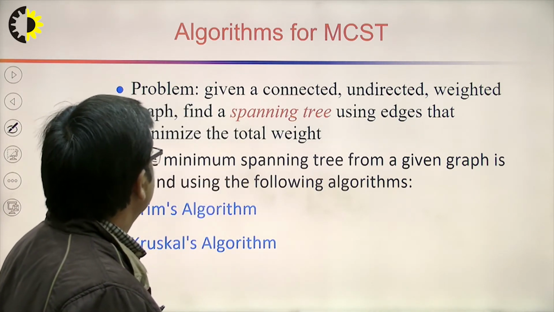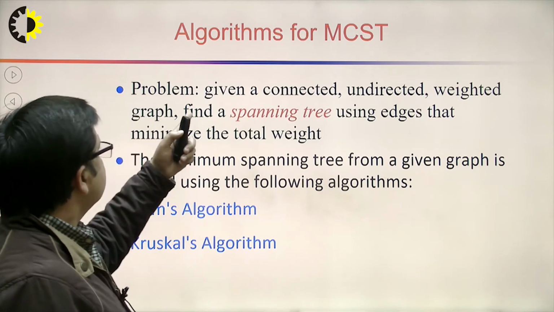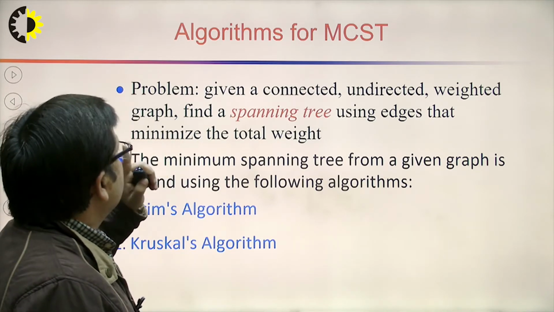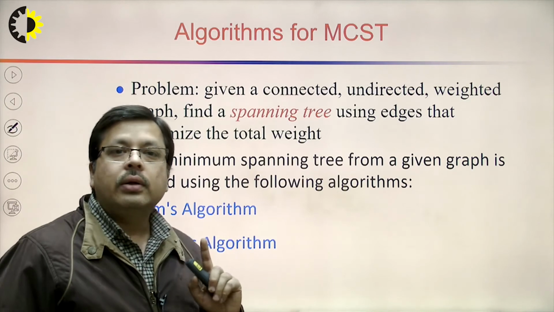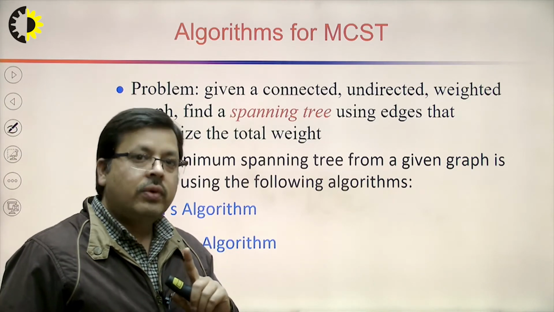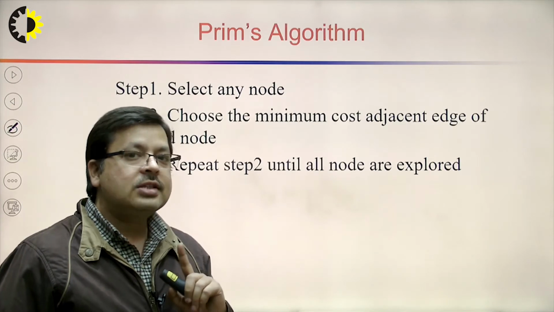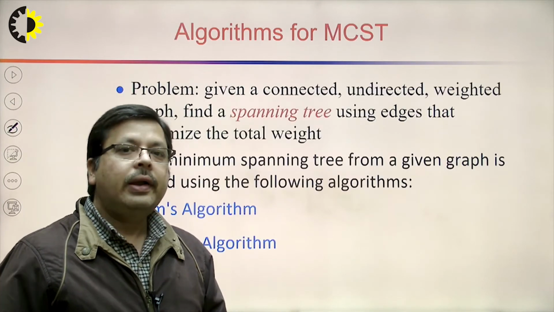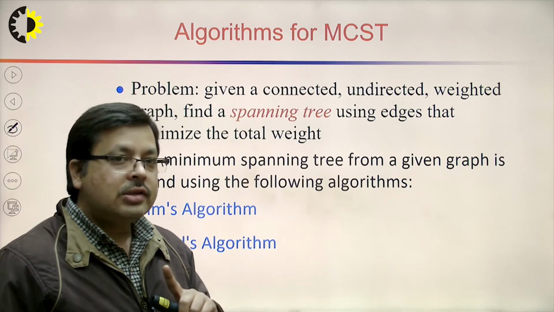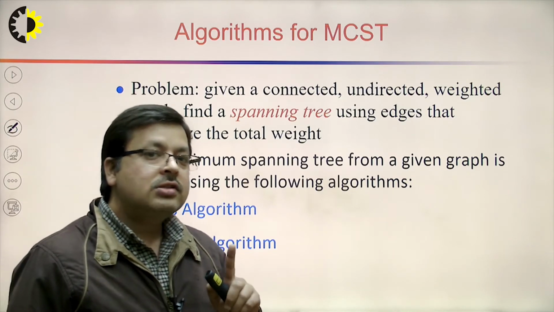So here is the problem statement. Given a connected undirected weighted graph, find a spanning tree using edges that minimizes the total weight.